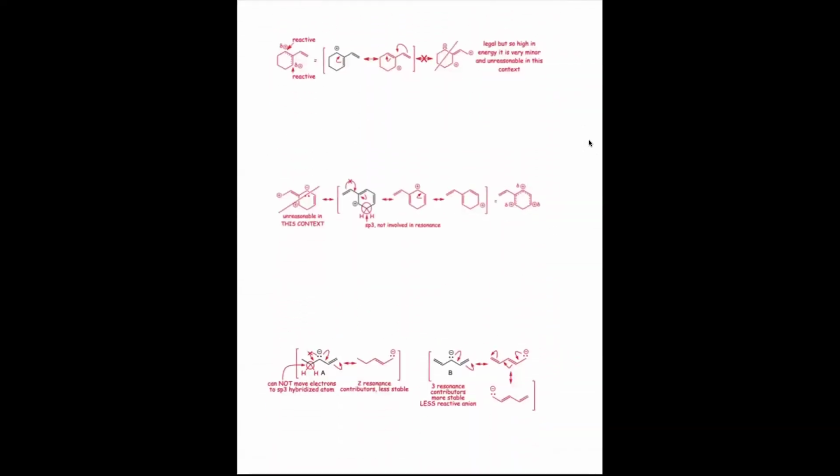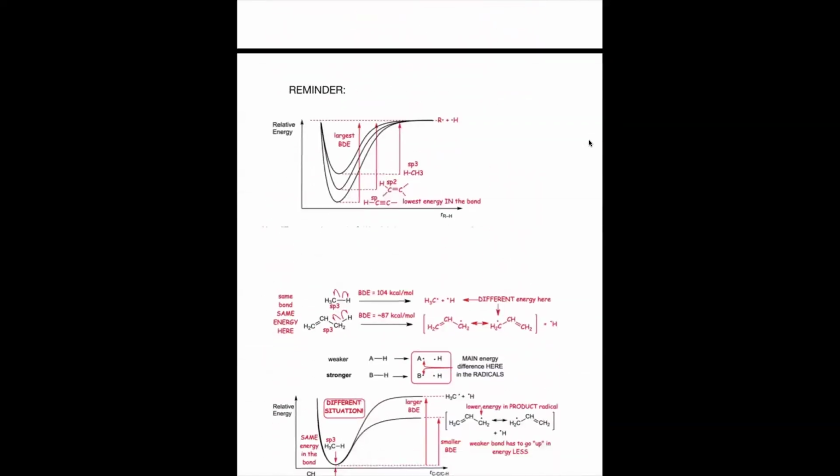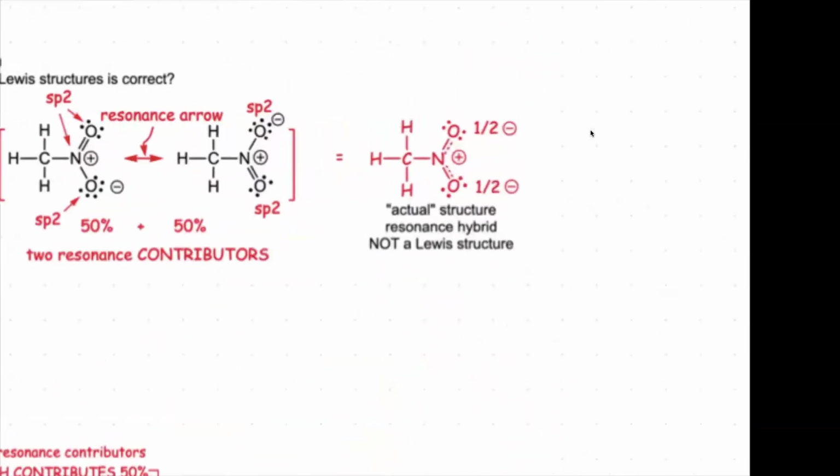Let me see. I went through and picked out some good spots from the book that I thought were pretty important. So you want to know how you move, say, a pair of electrons around a structure and then create this. What I think you're talking about is over here, how we have these dotted lines, and then we have our partial charges.